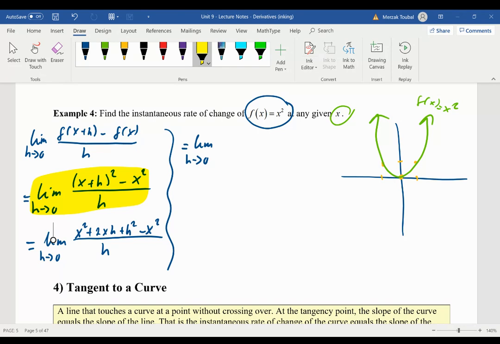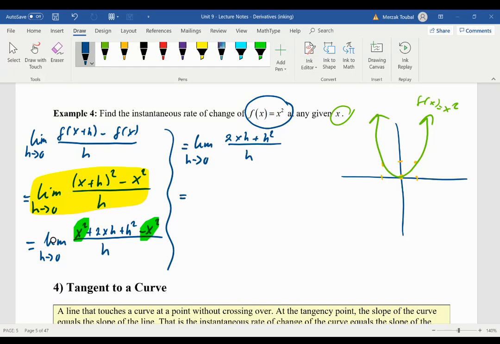That's why I'm trying to simplify first. So notice that x squared minus x squared, they cancel out. So it would be the limit of 2xh plus h squared over h.